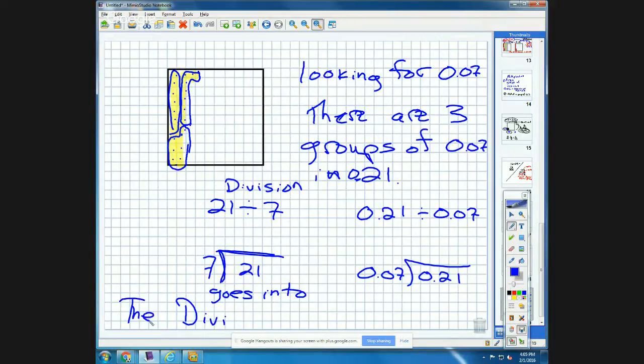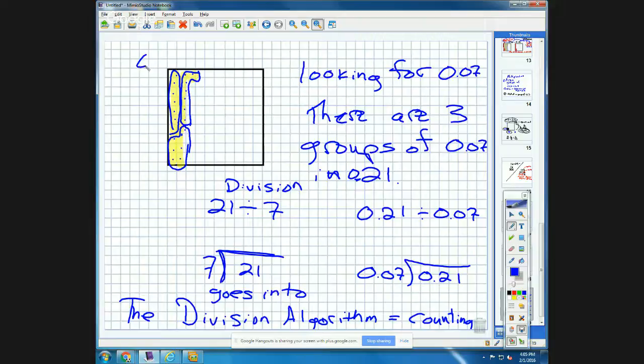The division algorithm. And the division algorithm depends on counting. That's important. To do this problem physically, I had to count. Those are my little dots I drew up there in my picture.